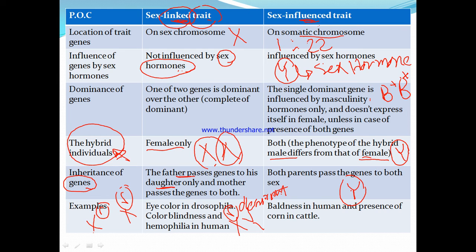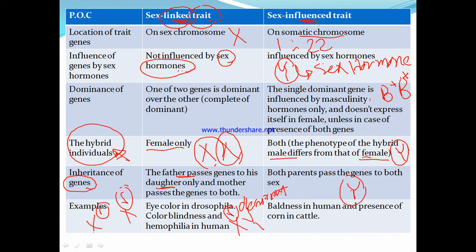This type of sex-linked trait, atrophy, is carried on the X chromosome, present in recessive form, and it's a type of lethal recessive linked trait. The patient reaches 12 years and then dies in atrophy case.